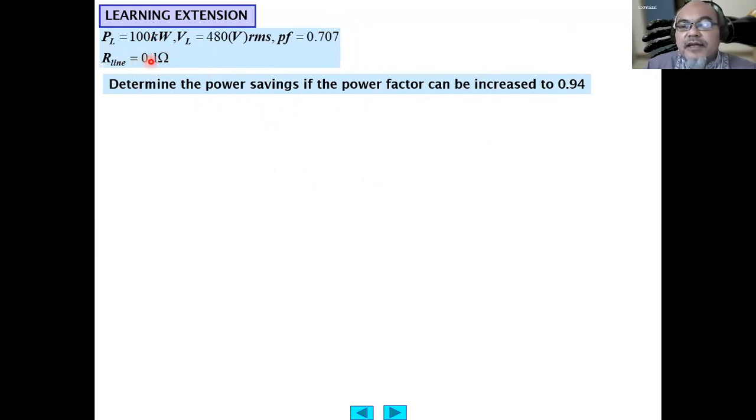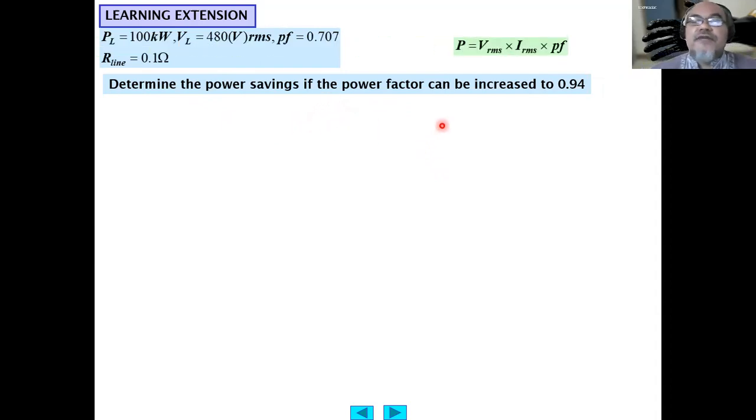After we have the two power losses, we subtract to obtain the difference between the power loss when the power factor is 0.707 and when it is 0.94. Then we will obtain the power saving.